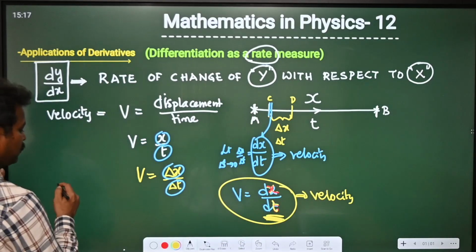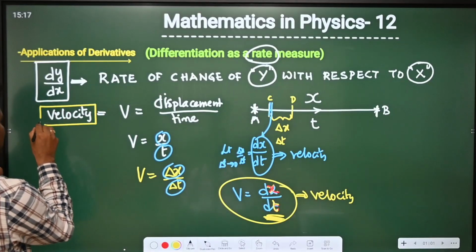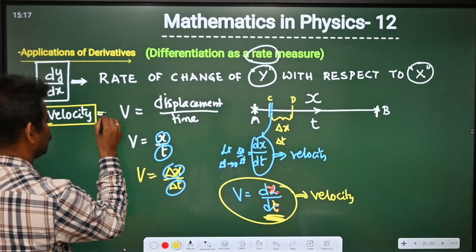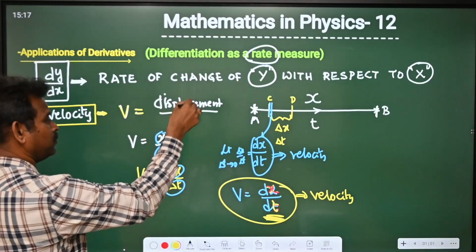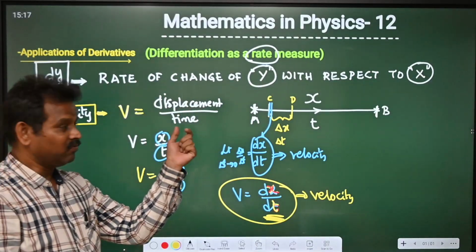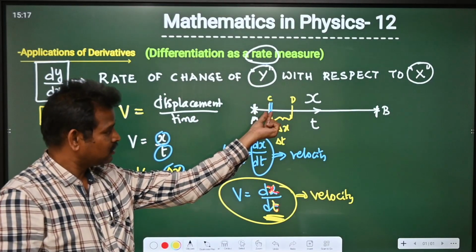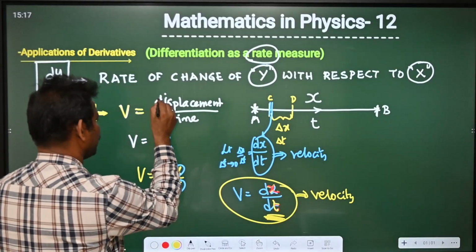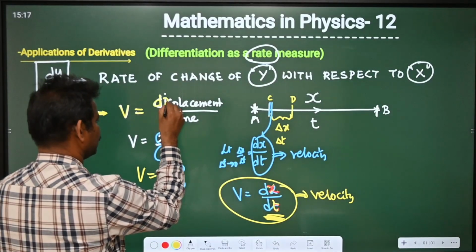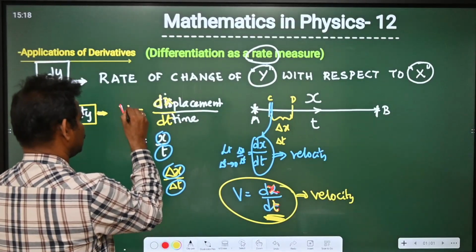So now we can write velocity v is equal to, instead of displacement by time, the very small displacement by the corresponding time, we can write it as dx by dt.